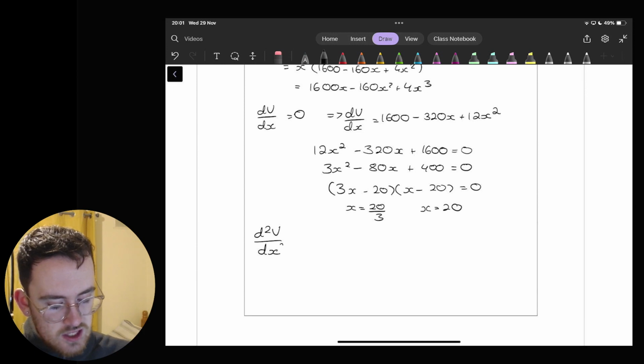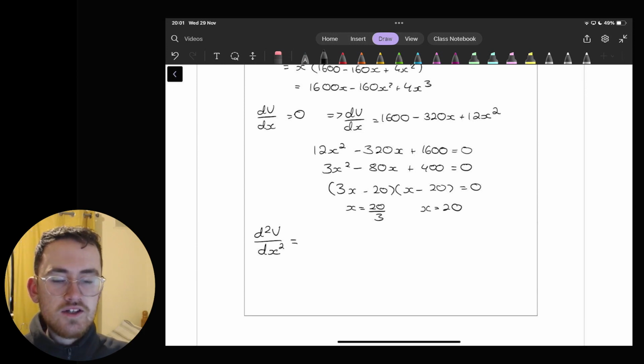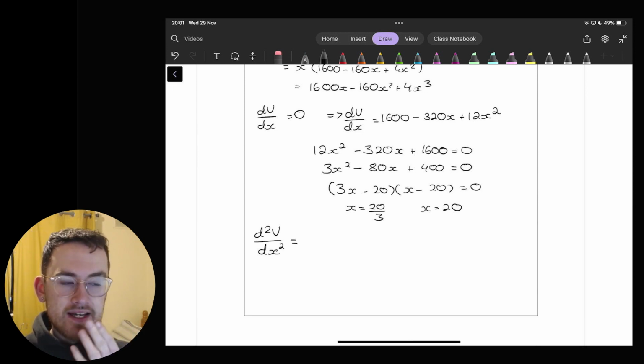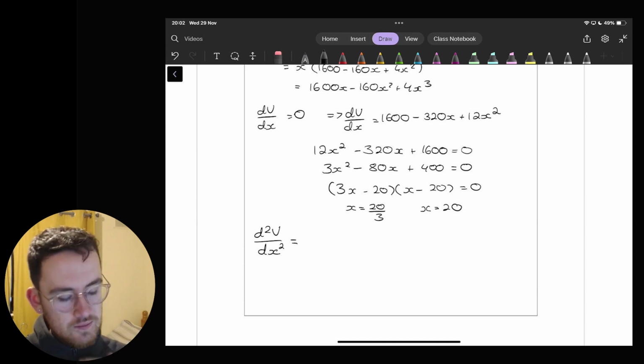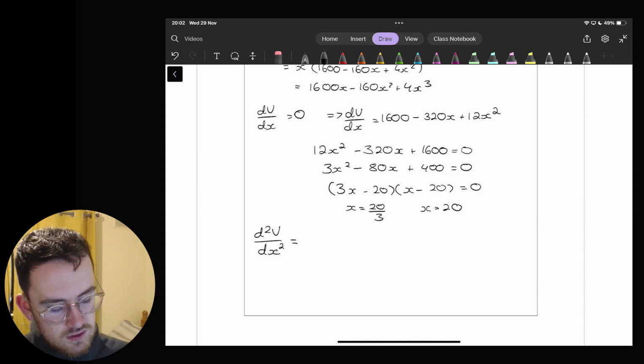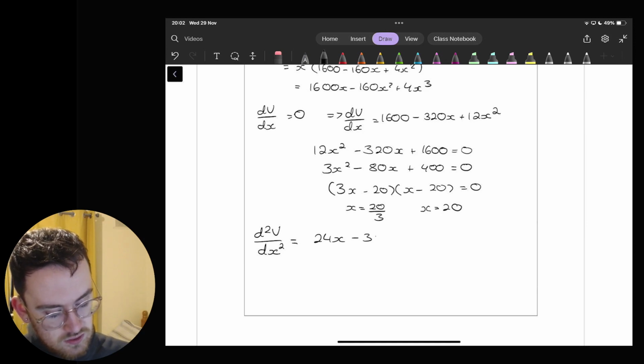We're going to find the second derivative now to determine out of these two values, which is giving me a maximum and which is giving me a minimum value. So I need to find my second derivative. So that's going to be 24x minus 320. So when x is equal to 20 over 3, let's sub that in.